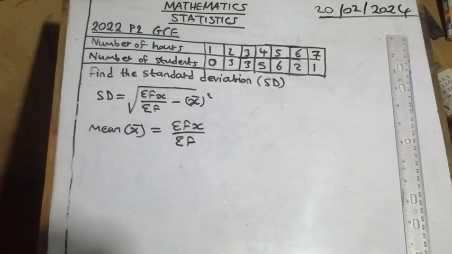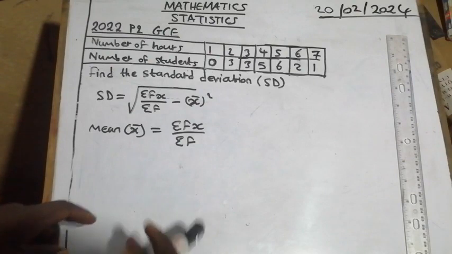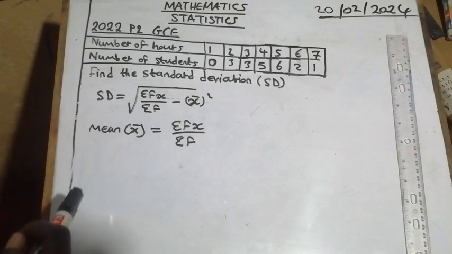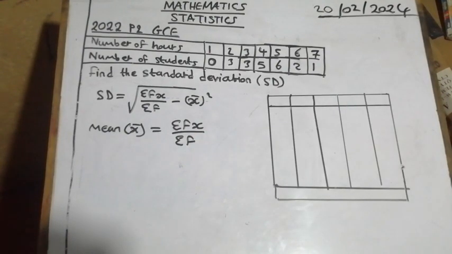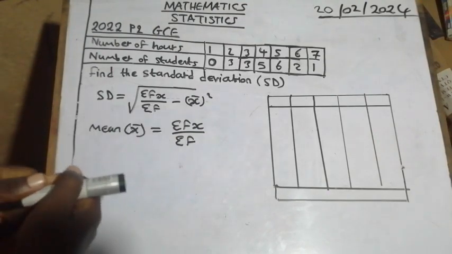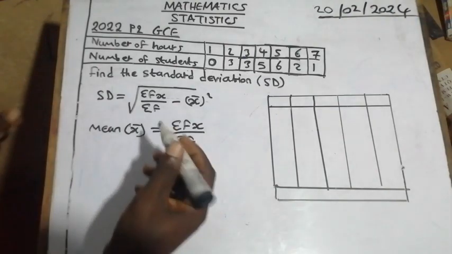So now what is required at this stage? We have to come up with a table of this information. We have to tabulate the formula. In this table, we are going to write all the letters we have in the formula.